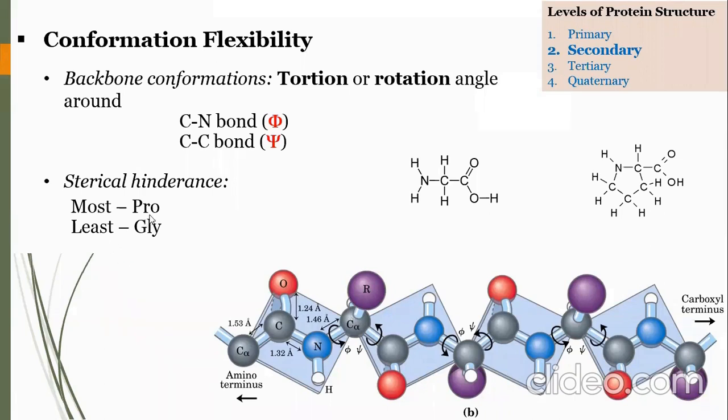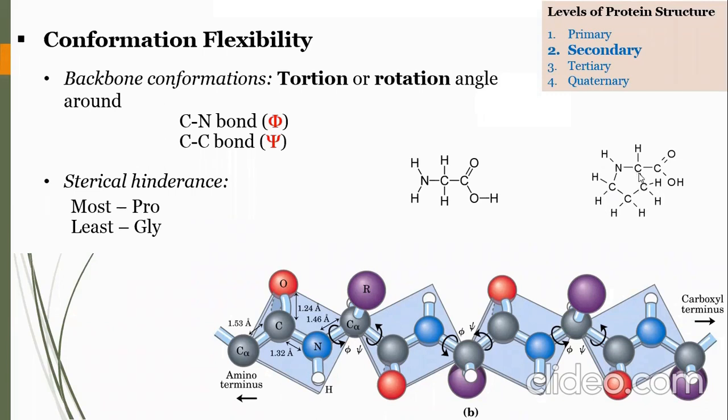Two of the amino acids will have different properties from the remaining 18 amino acids. The first one is proline. Proline will have steric hindrance, or different properties than the remaining amino acids, and that is because the amino group is bound with the alkyl group.